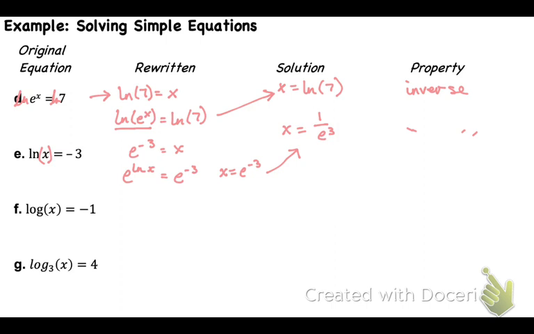Okay, so log of x equals negative 1. Put in an exponential: 10 to the negative 1 equals x. So x equals 1 over 10.